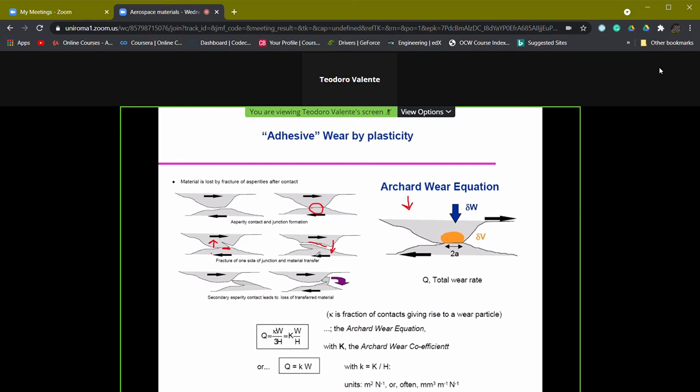And so we have material consumption, and the shape of the weakest material is modified. We have, for example, weight loss and wear tracks on the weaker material after the fracture of this micro welding.